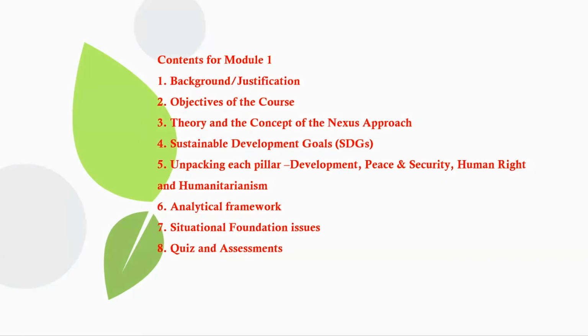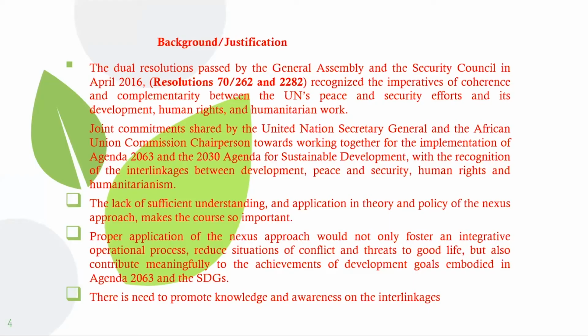Well, on background and justification, it's important to note that the dual resolutions passed by the General Assembly and the Security Council in April 2016, resolutions 70/262 and S/2282 of 2016, recognized the imperatives of coherence and complementarity between the UN's peace and security efforts and its development, human rights, and humanitarian work.